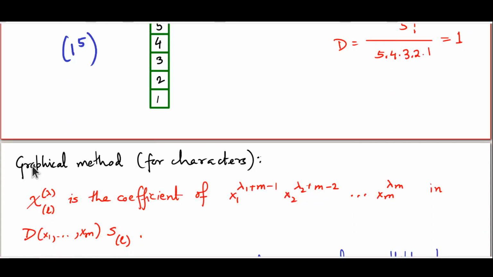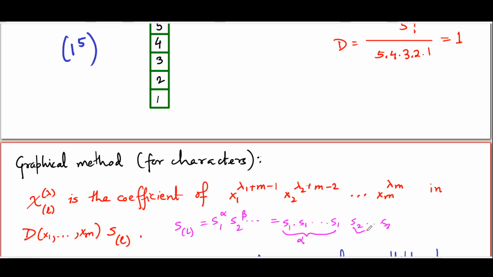Remember, chi lambda L, the simple character that we are seeking, is a coefficient of the single term x1 to the lambda 1 plus m minus 1 times x2 to the power lambda 2 plus m minus 2, all the way down to xm to the power lambda m, in the expansion of D(x1 ... xm) times S of L. And S of L in particular could be of the form s1 cubed, s1 to the alpha, s2 to the beta, and so on, which is s1 times s1 times s1 alpha times, then s2 times s2 times s2 beta times, s3 times s3 gamma times, and so on down the line.